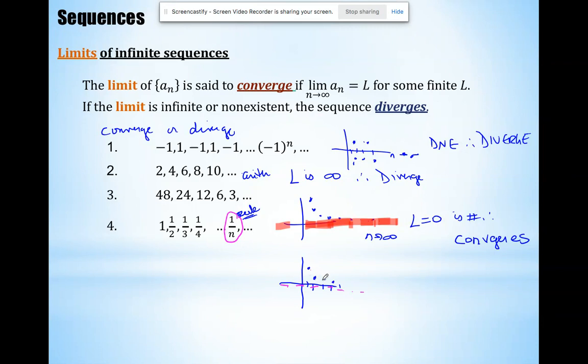So now just think of it as dots as n approaches infinity. This list of terms approaches 0 as well. Therefore, we say this sequence converges, collapses to a horizontal asymptote.